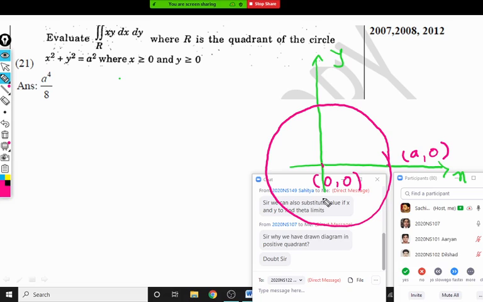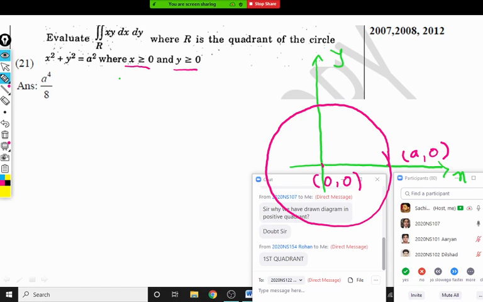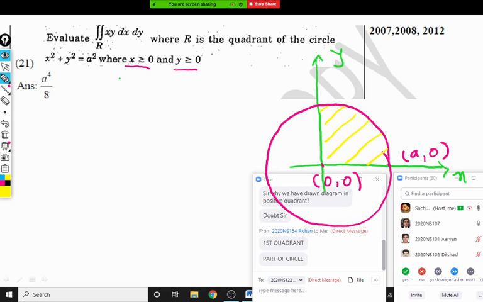It is given, na, the quadrant of a circle where x is greater than 0, y is greater than 0. In the first quadrant, sir. First quadrant, that part of the circle. Yes, this is the region. The region is in the first quadrant because x is positive and y is positive.